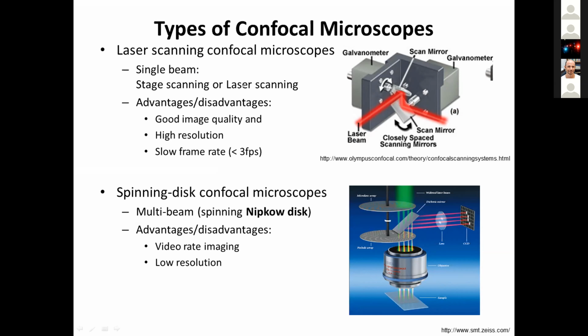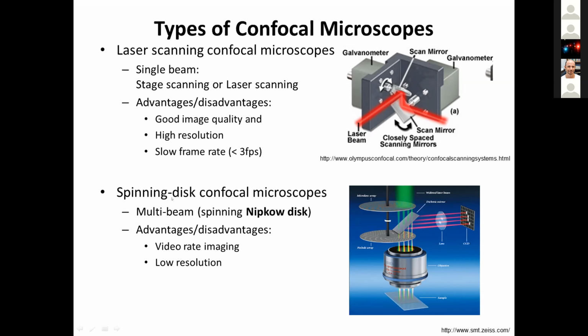The advantage of this method is the good quality of the images and the high resolution that we can get. One of the disadvantages is the slow frame rate that we can get, which is on the order of 3 frames per second. This depends on the kind of scanner, and I will discuss the raster scanner versus the resonance scanner, which enables a faster rate.